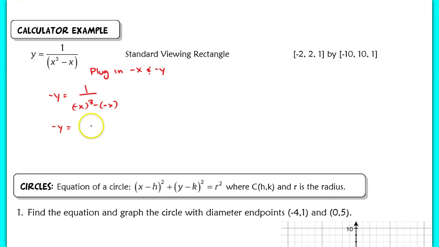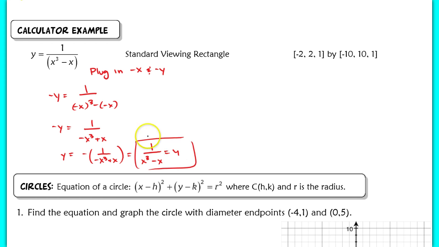So I have negative y is equal to 1 over negative x cubed plus x. Now at this point, I'm going to multiply by negative 1 on both sides. Okay, so let's see. Now in the denominator here, I can apply that negative so that I have 1 over positive x cubed minus x. And as you can see here, this is that original function that we started with. Okay, so it is symmetric.